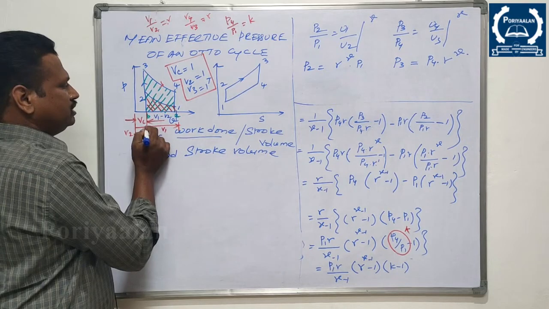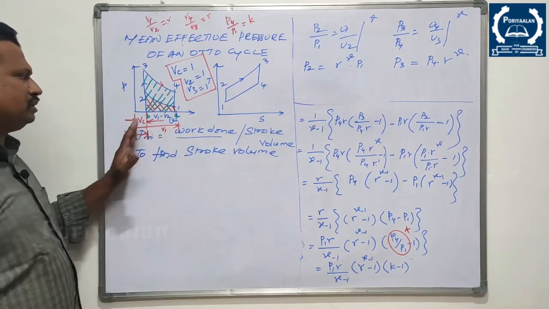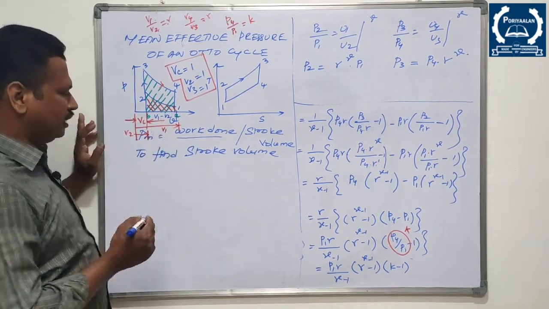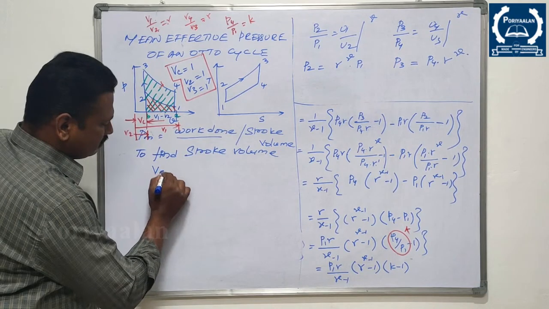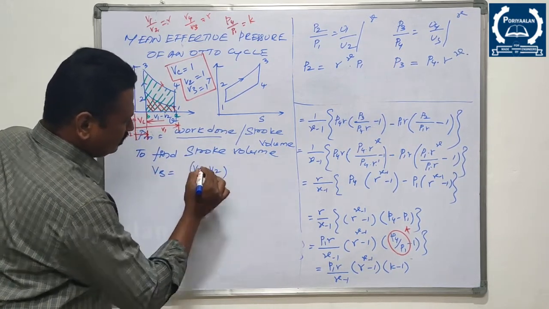So this is TDC, this is BDC. The volume occupied between TDC and BDC is known as stroke volume. Throughout this, the piston can travel up and down, right. So Vs is nothing but V1 minus V2.